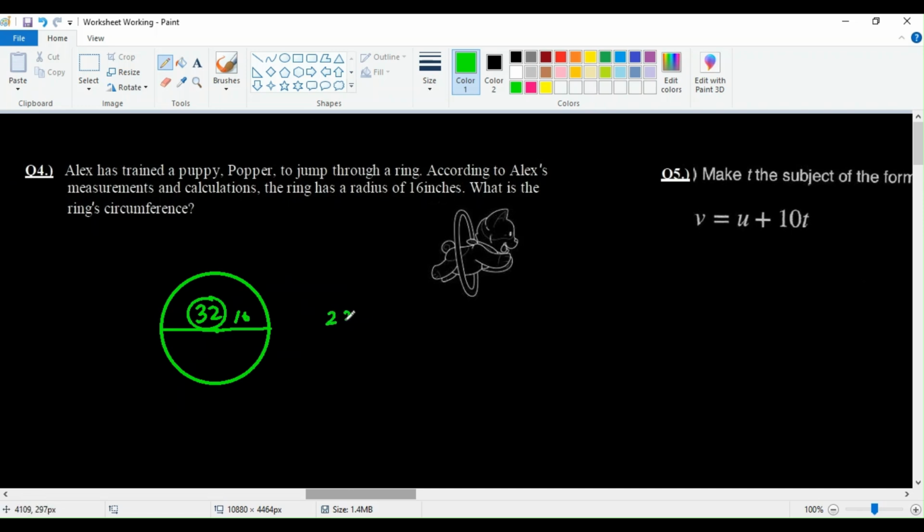That means 22 over 7 is multiplied by 32. So when 32 is multiplied by 22, it gives us 704. When divided by 7, it gives 100.57.